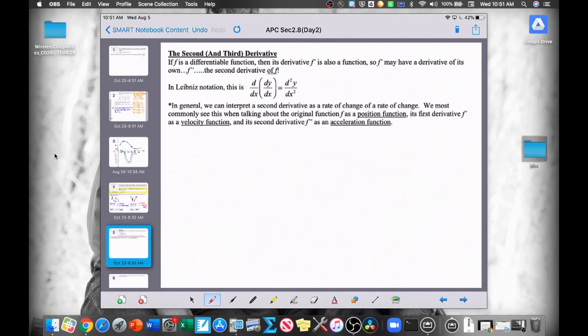Because if the original function is position, then the first derivative would be the rate of change of position over time, and then its second derivative would be the rate of change of the velocity, which is the acceleration.